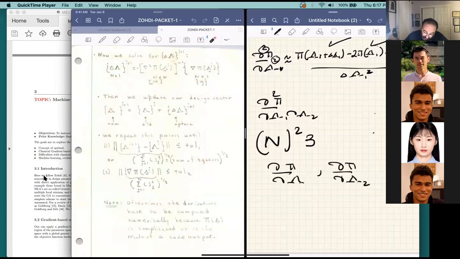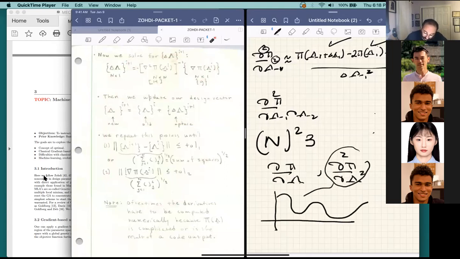So basically, you have terms that look like this. Help me out here. Let's suppose my function looks like this. What would happen if I tried to compute this term right there?